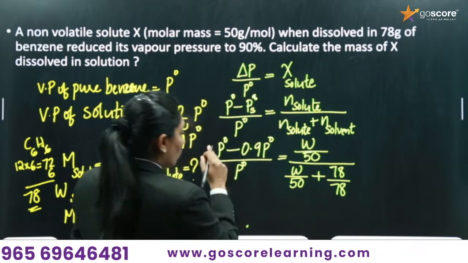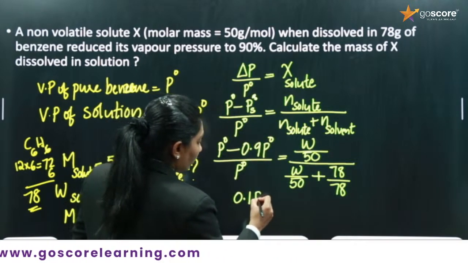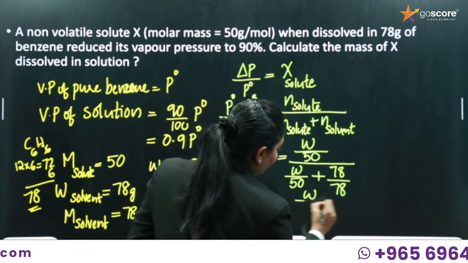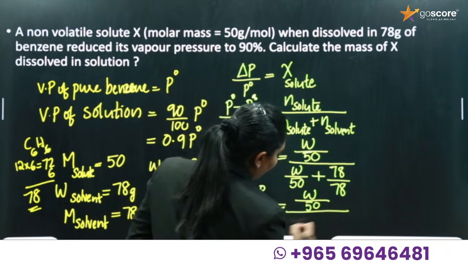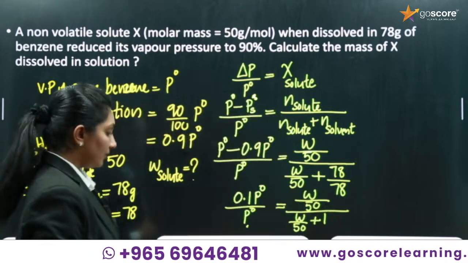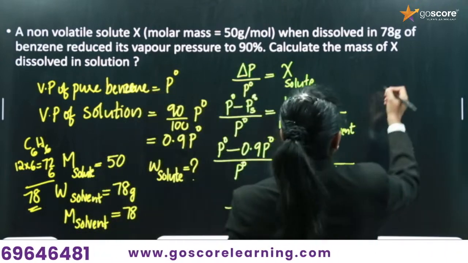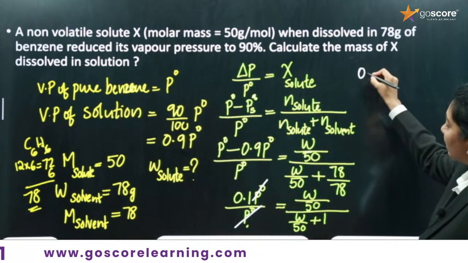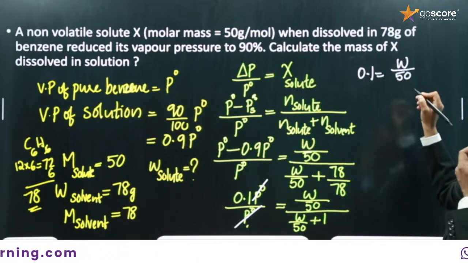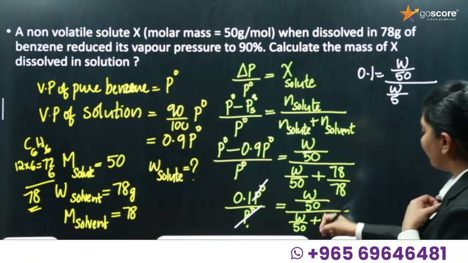So we will get here 1 minus 0.9 means 0.1 P naught divided by P naught equal to W by 50 divided by W by 50 plus 1, right? So here we can get 0.1 is equal to W by 50 divided by W by 50 plus 1.